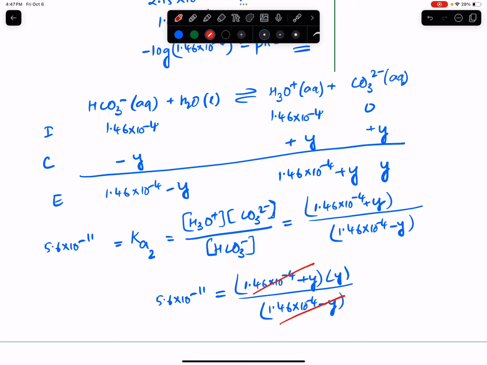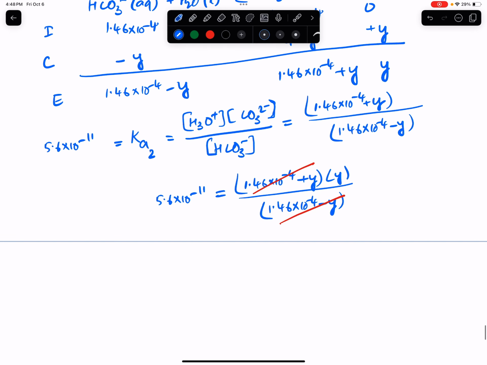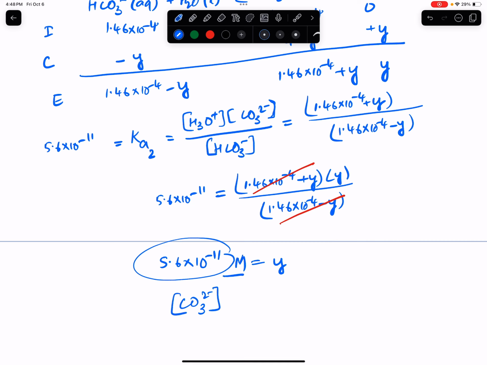So this entire term vanishes, because if y is really small, then that becomes 0 and that becomes 0. So therefore it's this over this, and that vanishes. So y ends up being equal to 5.6 times 10 to the negative 11. And this is the concentration of CO3 2 minus in molarity. I hope that made sense. Thank you for watching.